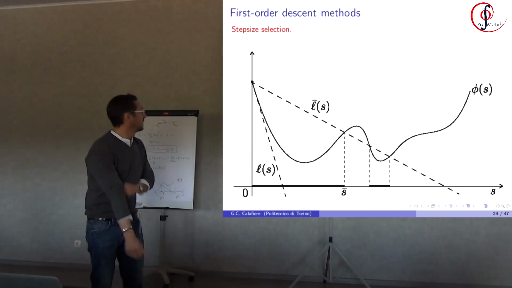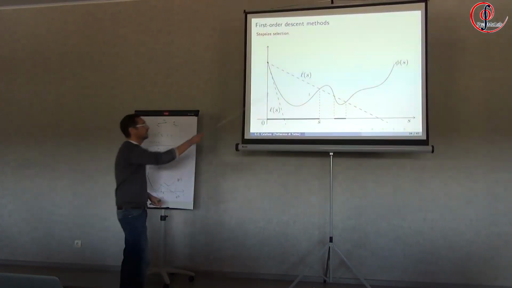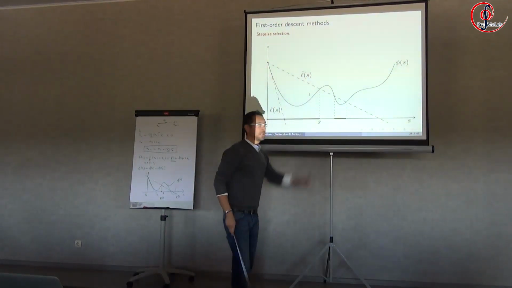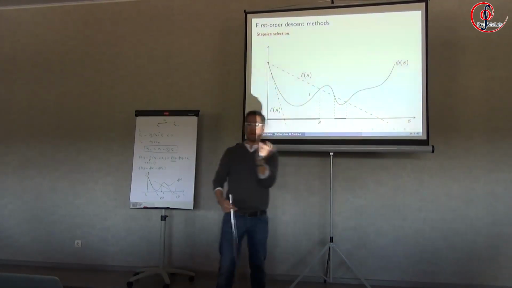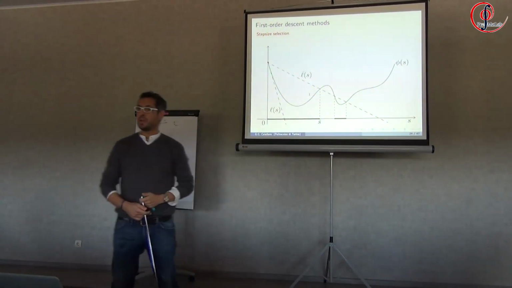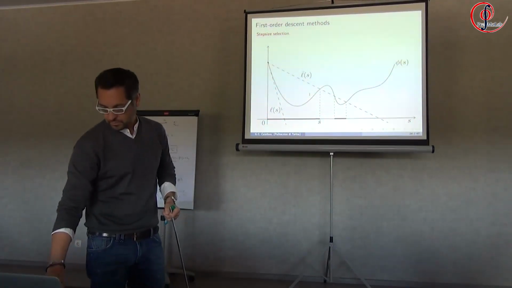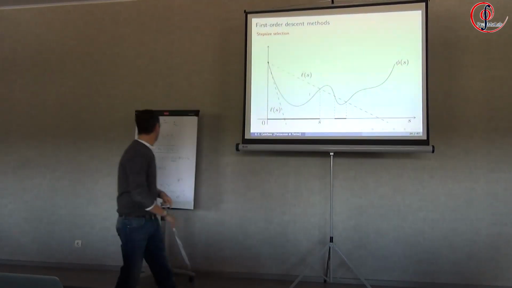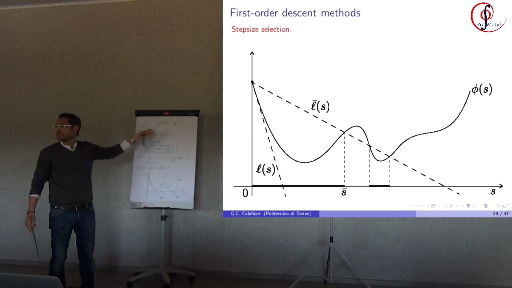Okay, this is maybe a nicer plot, but it is essentially the same thing. Line l(s), line l bar, this is phi, this is s bar. And these bold parts are the values of s that do satisfy the Armijo condition. Of course, this plot is for a function f0 that is not necessarily convex.